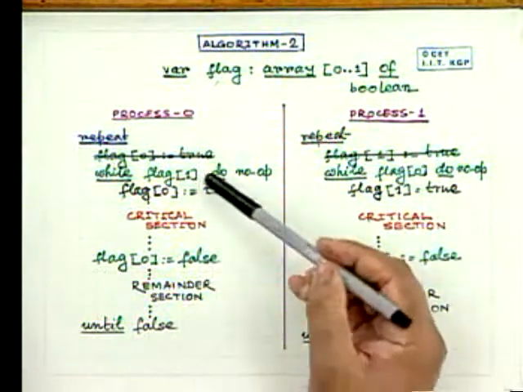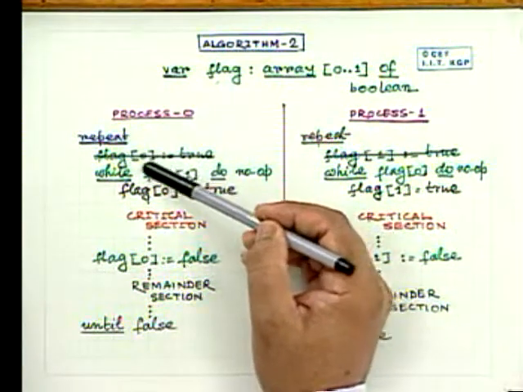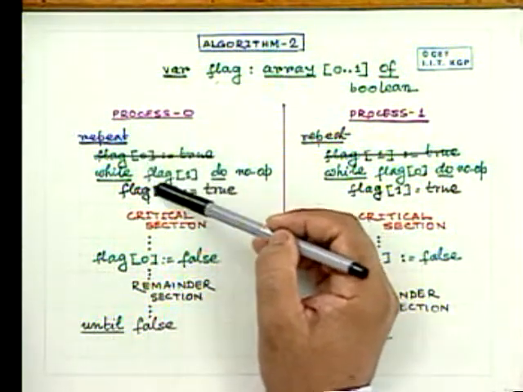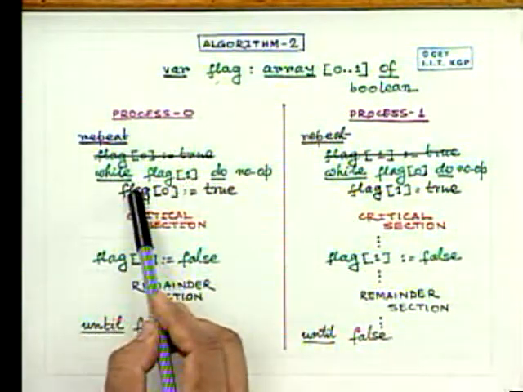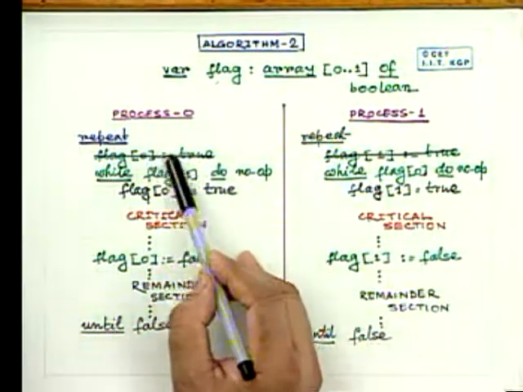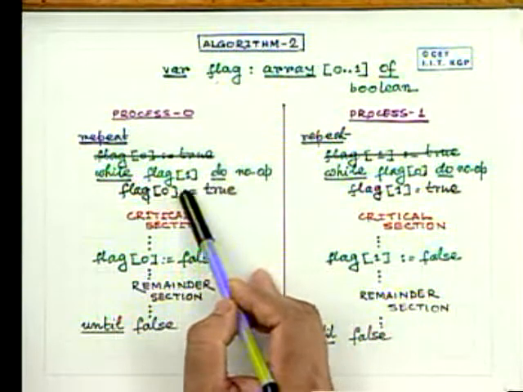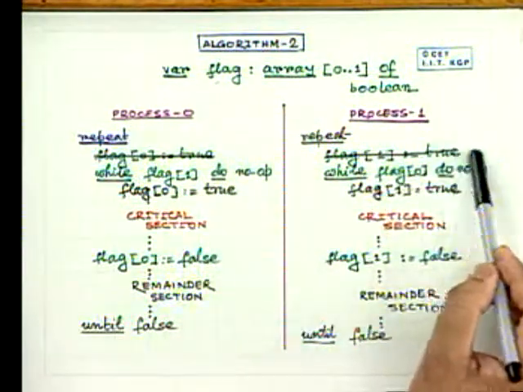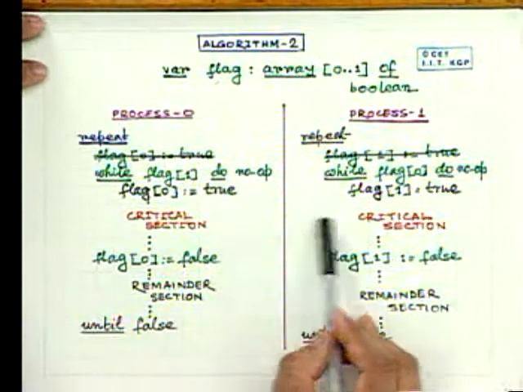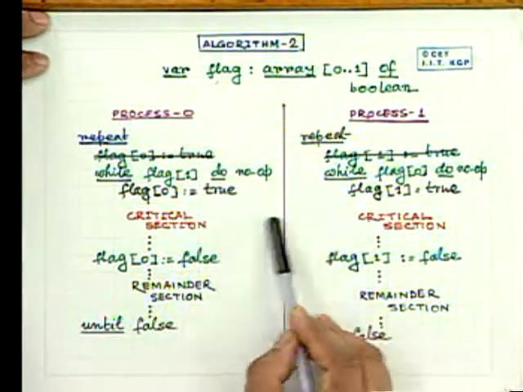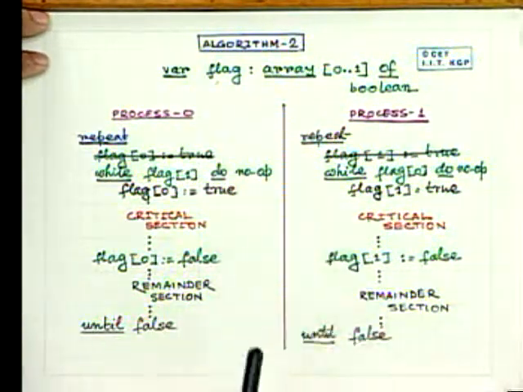Therefore, you see that by interchanging the sequence of these two instructions, bringing flag 0 equal to true over to here, and flag 1 assigned true over to here, that mutual exclusion criterion is violated immediately.